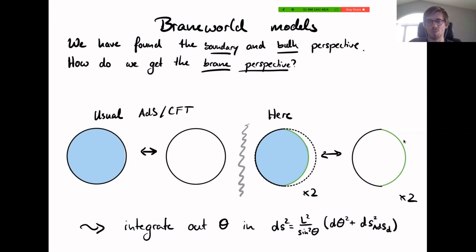Another way of doing this is to integrate out the bulk, but not from one boundary all the way to the other boundary, but from one boundary to the brane, then skip the brane, and then integrate out the rest of the bulk.